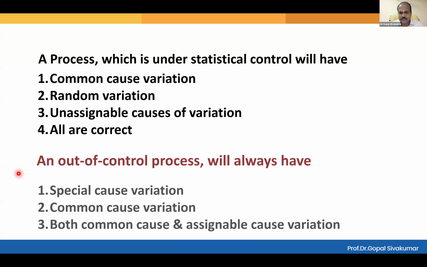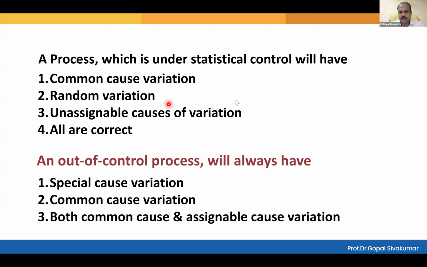An out of control process will always have what? What is your answer here? Special cause, common cause, both... The first one is also correct, the second one is also correct, the third one is also correct.